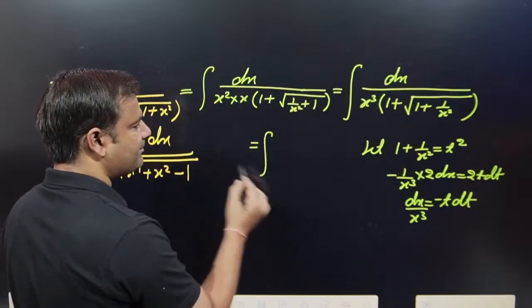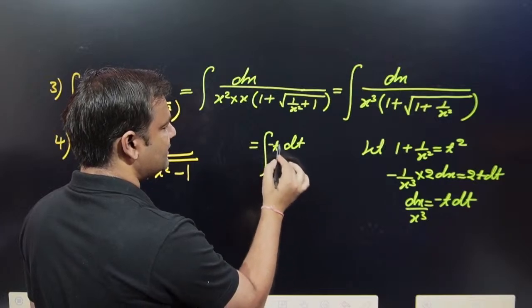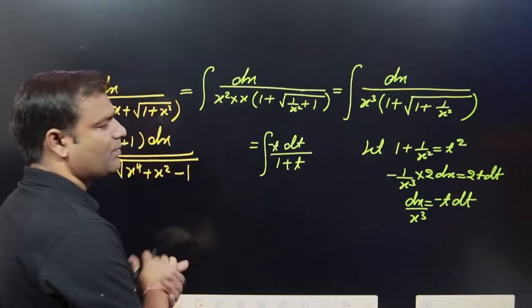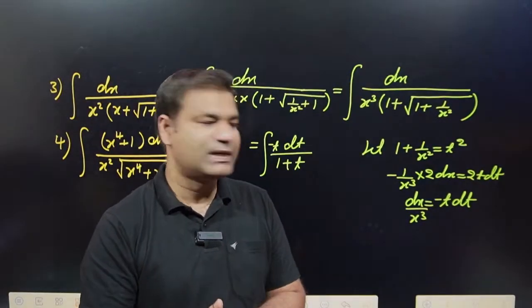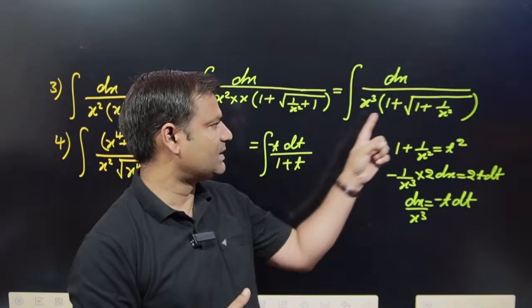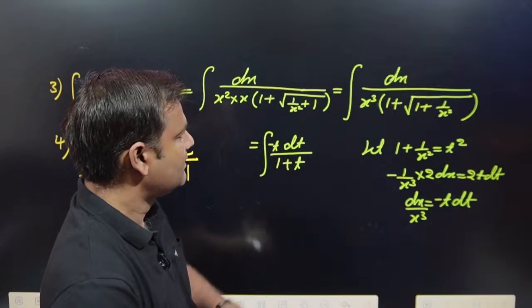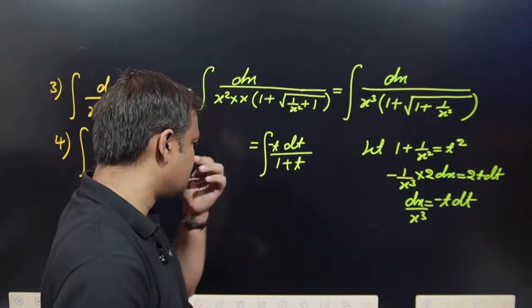Now put here minus t dt divided by how much? 1 plus t. dx divided by x cube is replaced by minus t dt. So it is written as minus t dt divided by 1 plus, what about that value? Simply t. Basically that one is t square, so under root t square is basically t, so that's right.